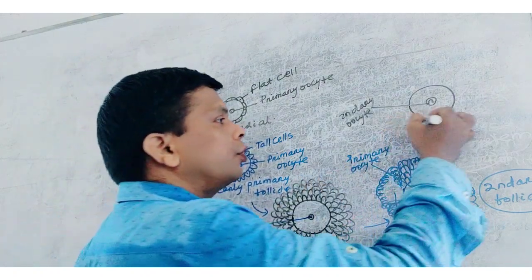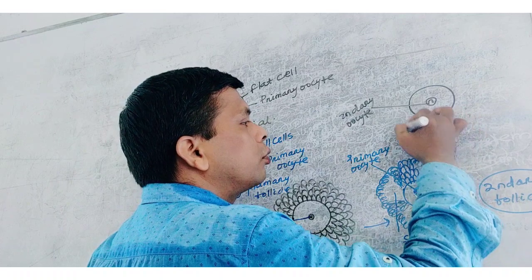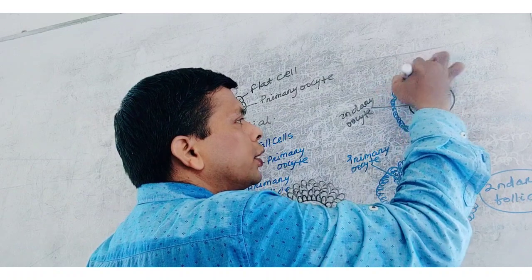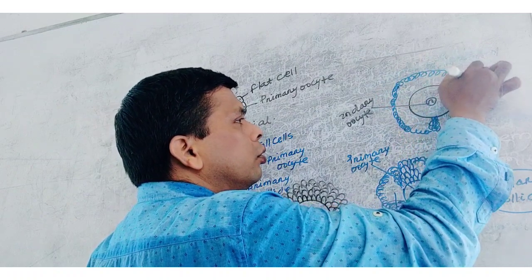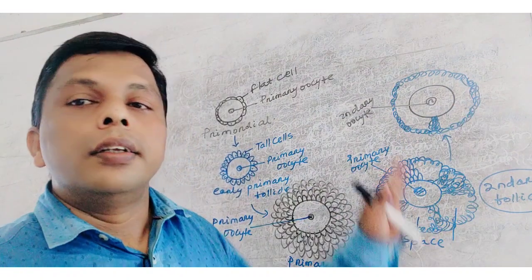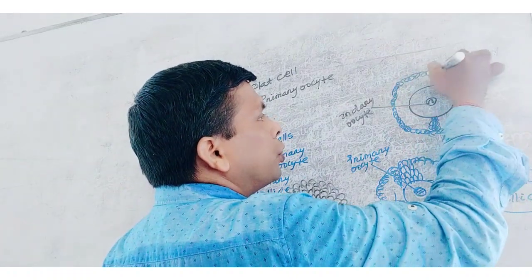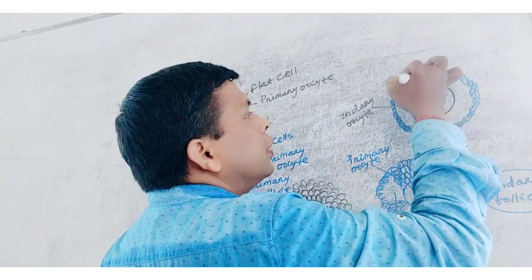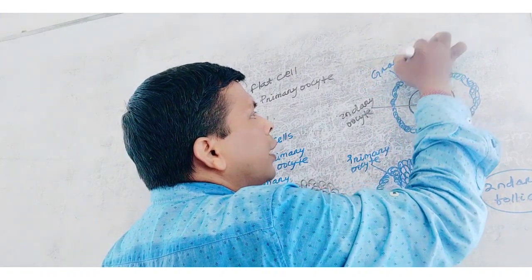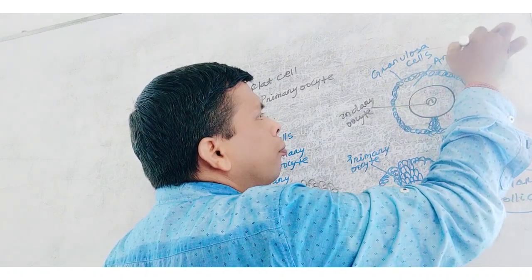These are the granulosa cells. This is the secondary oocyte formed from it. This cavity is the antrum.